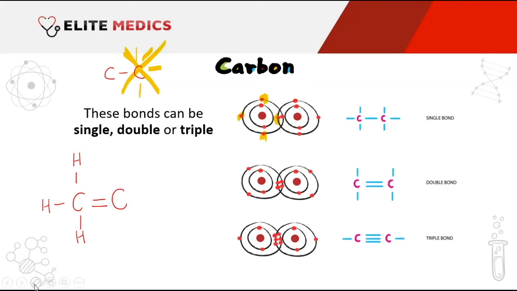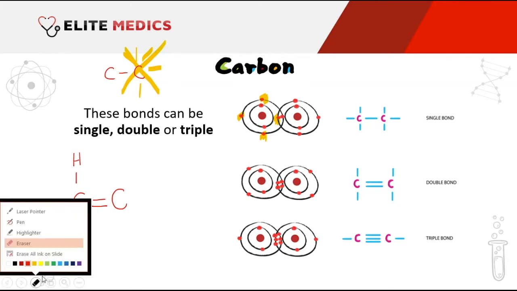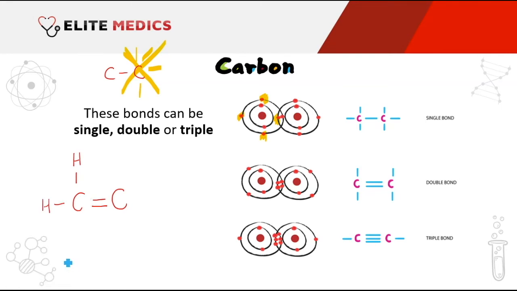But what you don't take a minute to think about is how many bonds are actually coming off our single carbon. 1, 2, 3, 4, 5. So something's wrong here. And what you realize is you have to keep the double bond because that's what's constituting this compound. So you end up having to remove one of the hydrogens. This is something to be really, really mindful of. Never forget to count the number of bonds coming off your carbon. It's always a rule of 4.